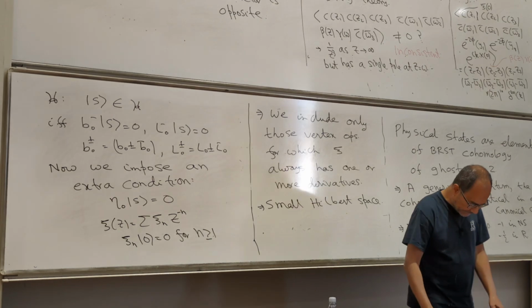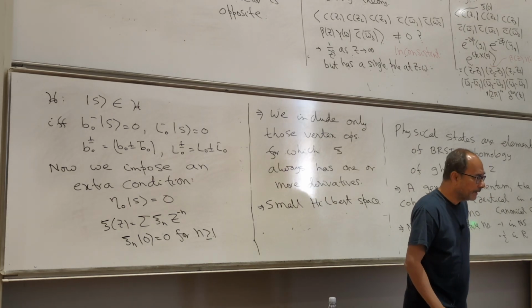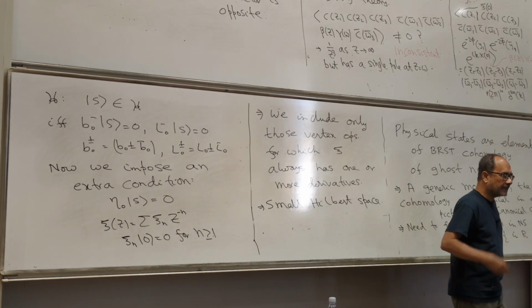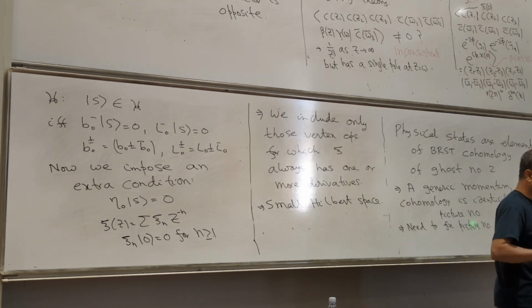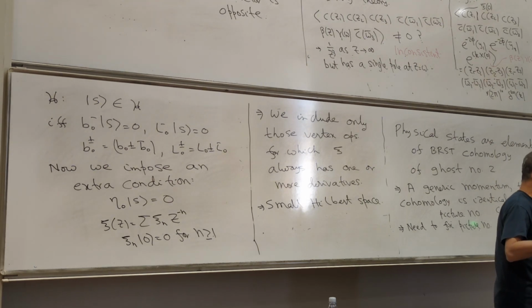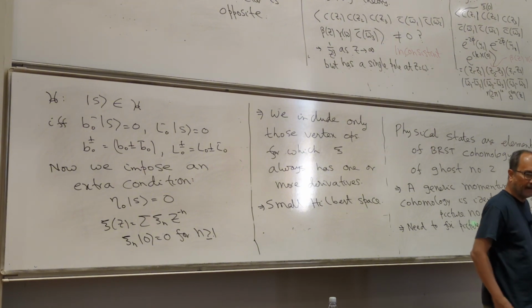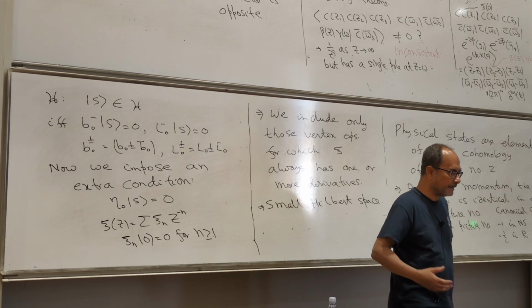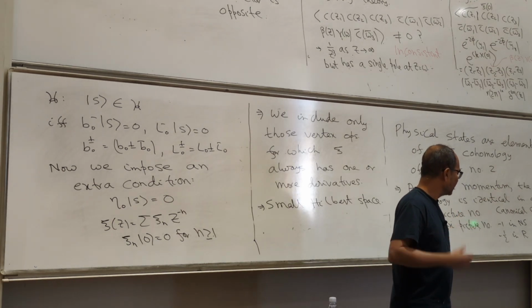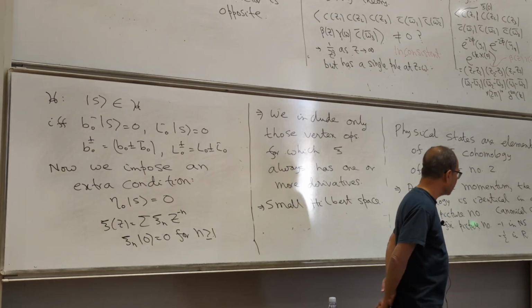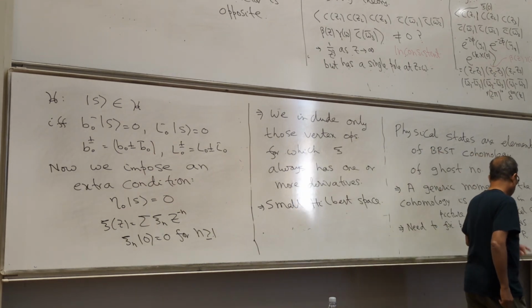Okay, it's not strictly necessary, but it's useful because in these sectors one can show that the spectrum of L0 is bounded from below, whereas in the other sectors the spectrum of L0 is not bounded from below. It doesn't matter because the physical states still have bounded L0. But the full spectrum in the state space doesn't have a bounded spectrum. So that's why -1 and -1/2 are useful.